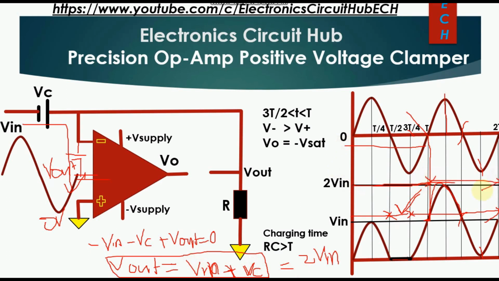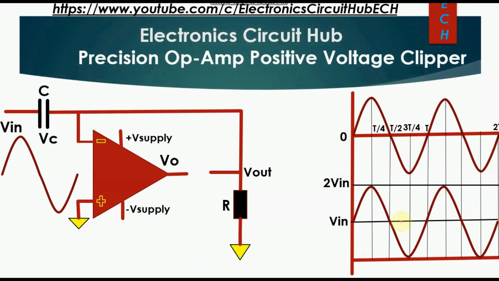So in many applications or data sheets anywhere you can find only this waveform. You will find this waveform, not that waveform. The transient they have separated out, and this is the steady state condition of the op-amp voltage clipper.